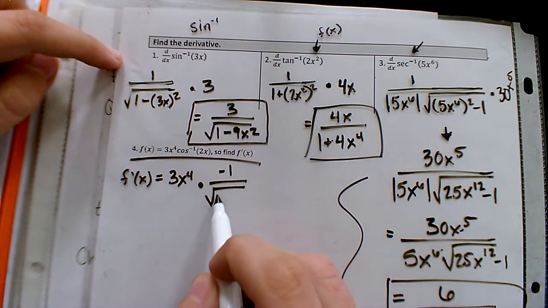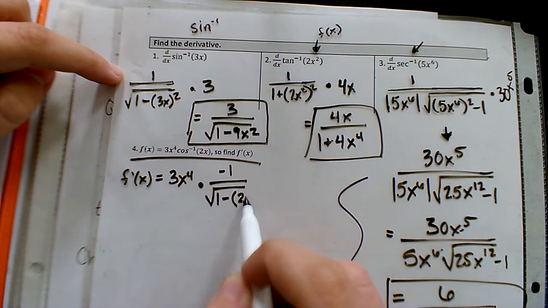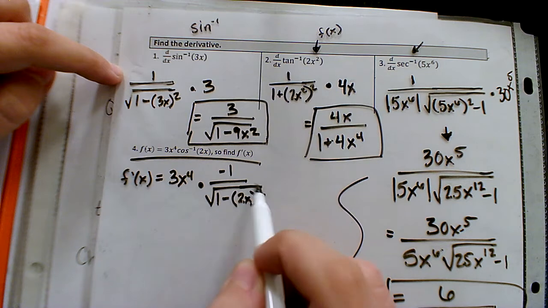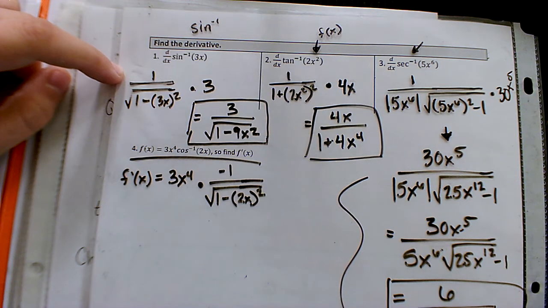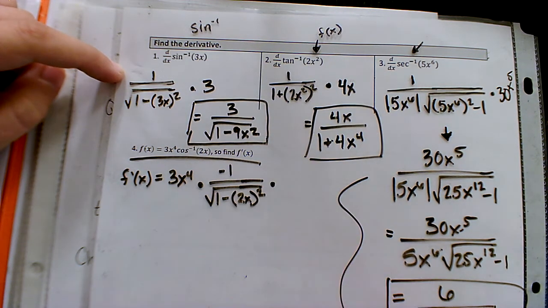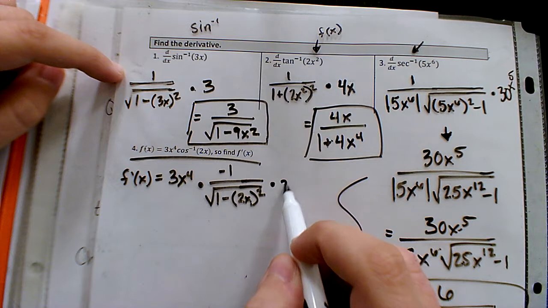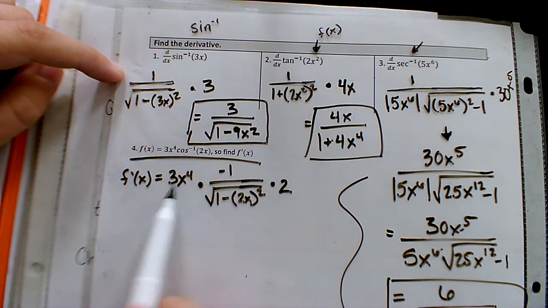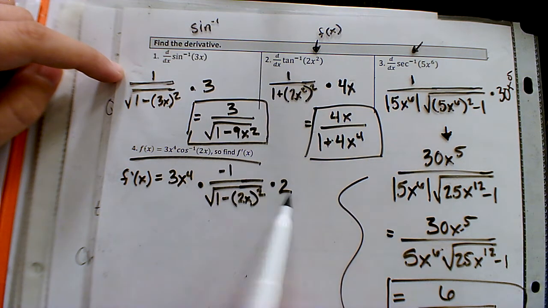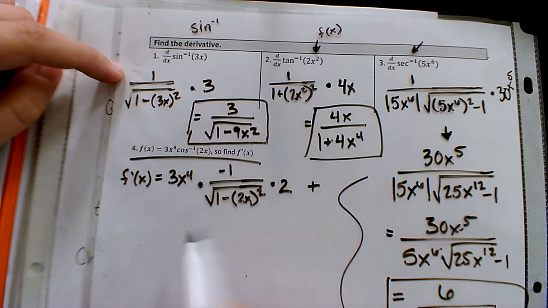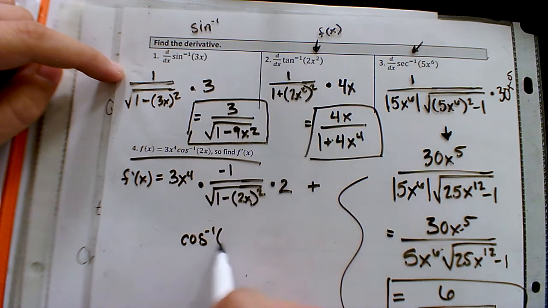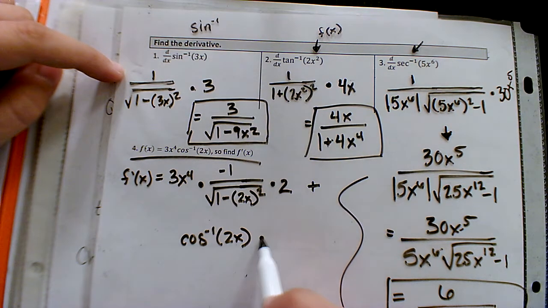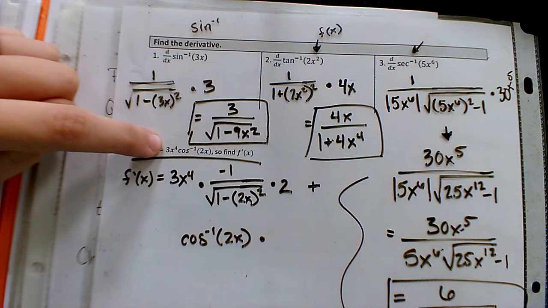So we'll have the square root of 1 minus the inside squared, and finish off that derivative by multiplying by the derivative of the inside, which would be 2. Okay, so we have 1d2. We now have to add 2 times d1. So the derivative of 3x to the 4th.